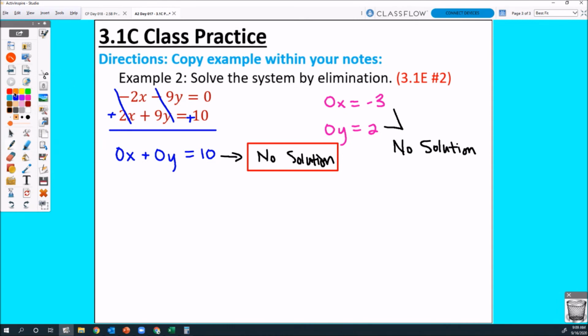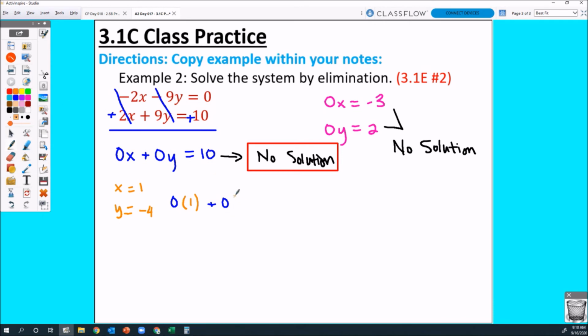Now, let's pretend that x is 1 and y is negative 4. So working this out, it's a 0 times my x value, which is 1, plus the 0y.